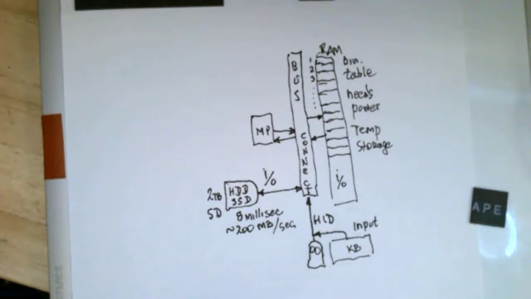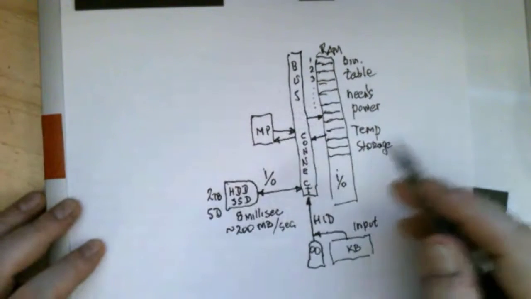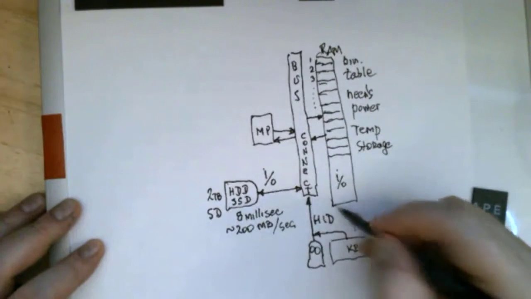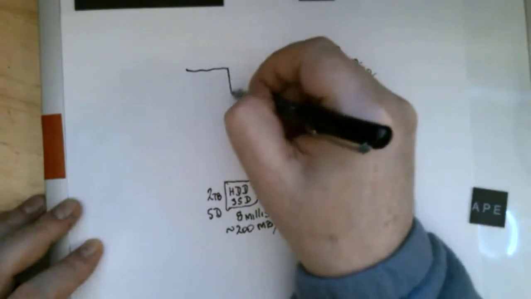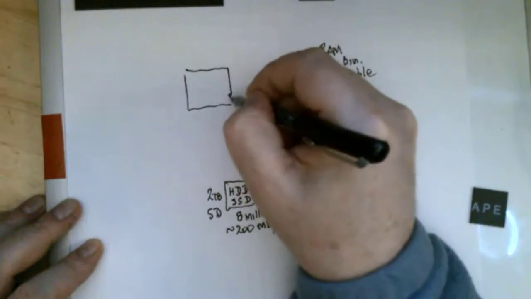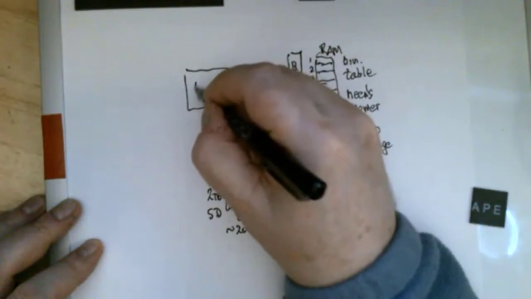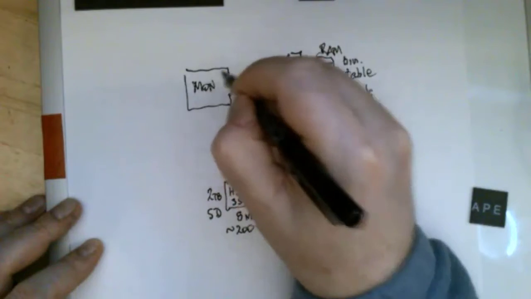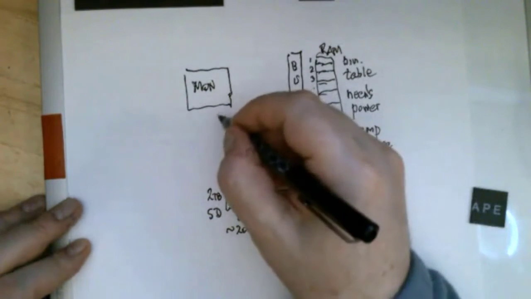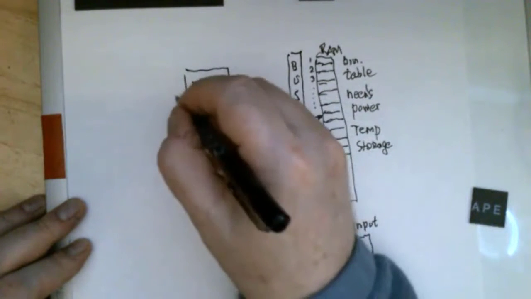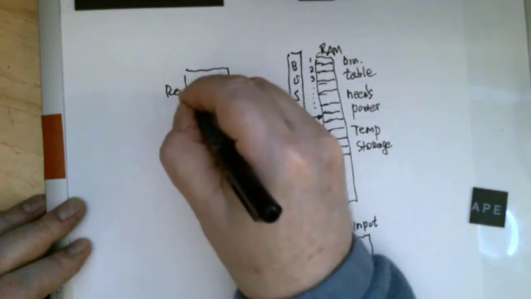Now, folks, what else do we need for this computer that I'm drawing now on my white paper? We need to connect a TV or monitor. As I will say, monitor. A monitor has the parameter resolution.